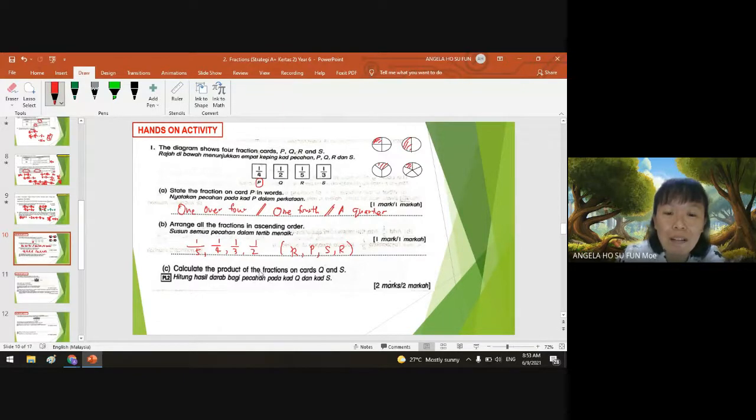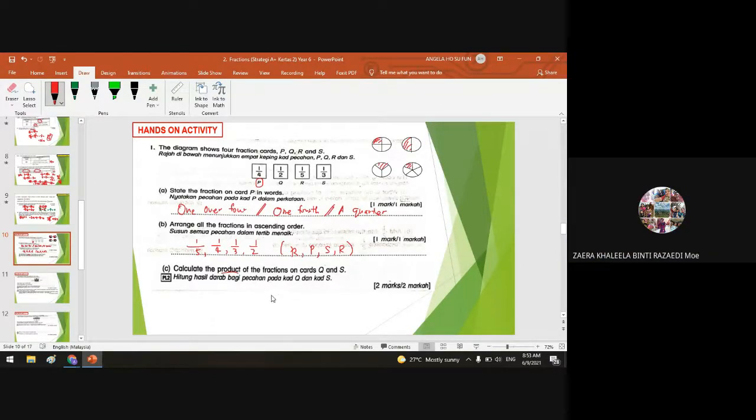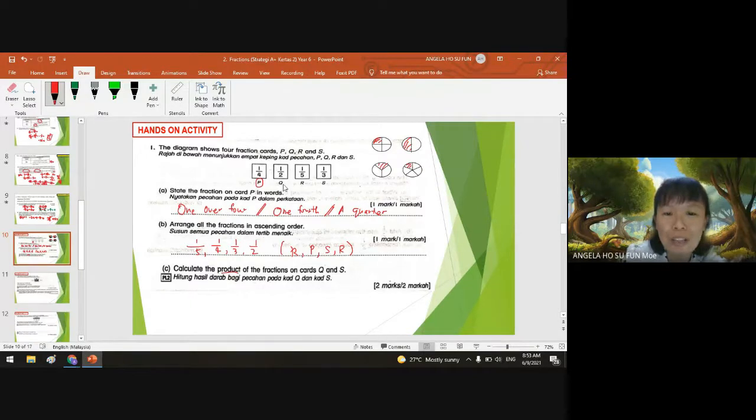Right. C. Calculate the product of the fractions of Q and S. What does it mean by product? Times. Very good. So I do this one, Q and S. Q is 1/2 times S is 1/3. Please do in 30 seconds.